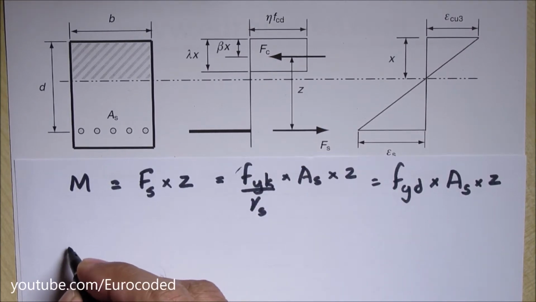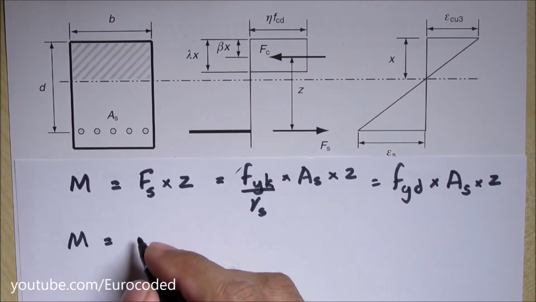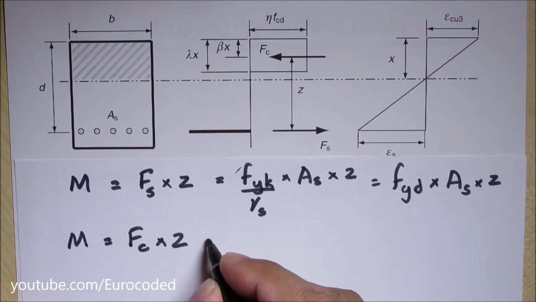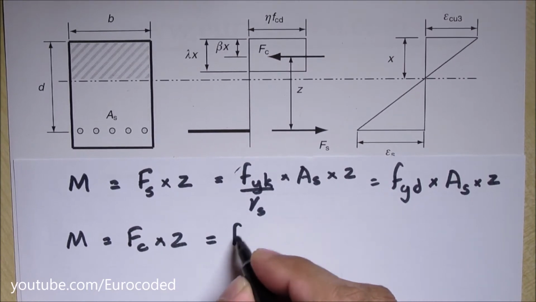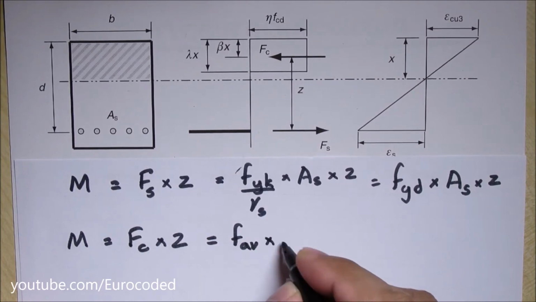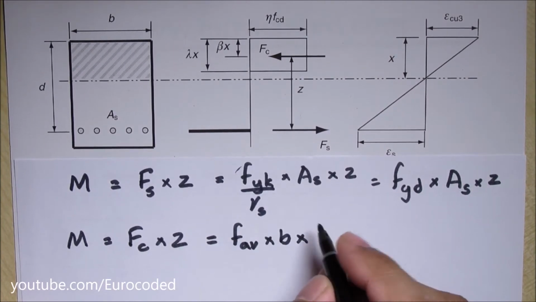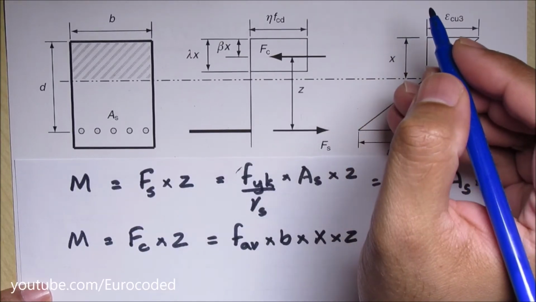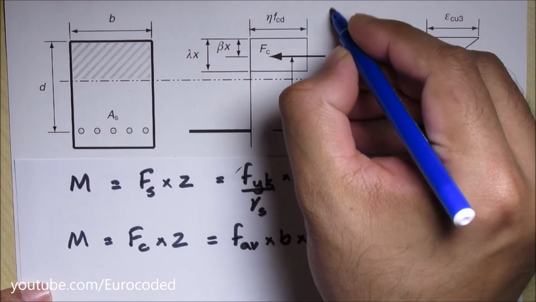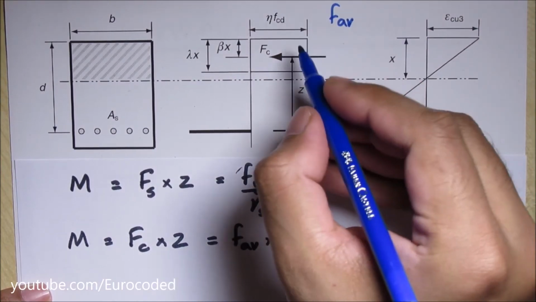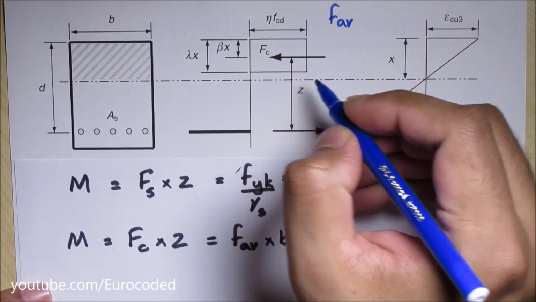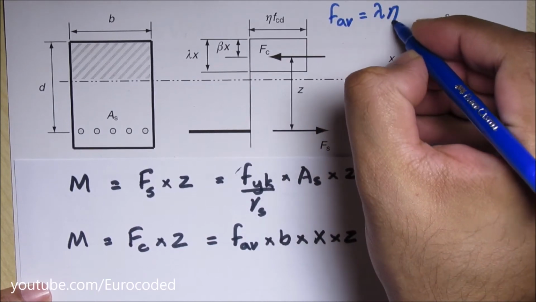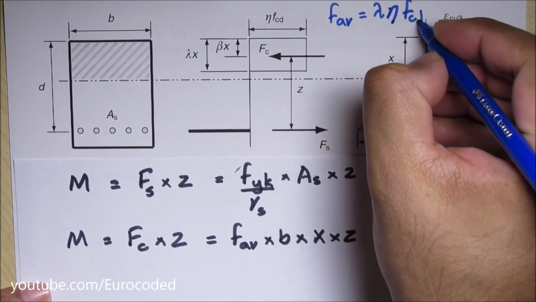We can write M is equal to Fc times Z, and then we can expand that by writing Fav times B times X times Z. We know for simplified rectangular stress block Fav, which is the average stress in this concrete compressive section, Fav is equal to lambda eta FCD.